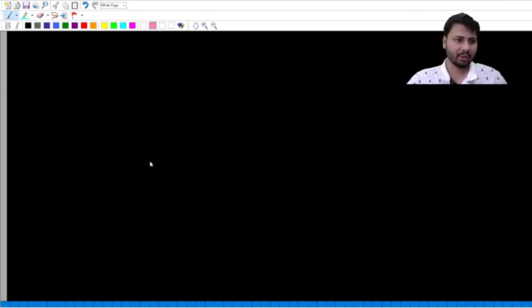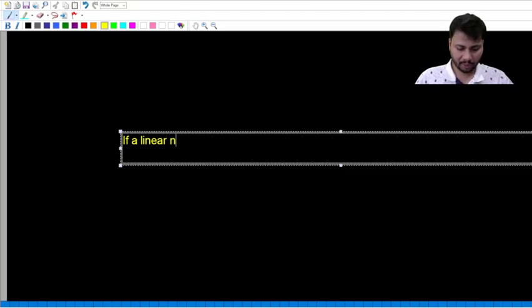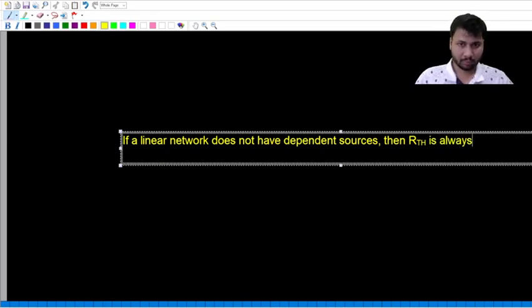So what is the point? If a linear network does not have dependent sources, then RTH is always positive, okay.